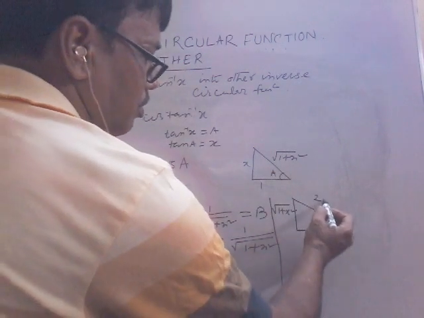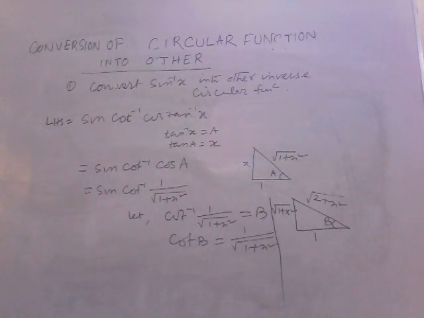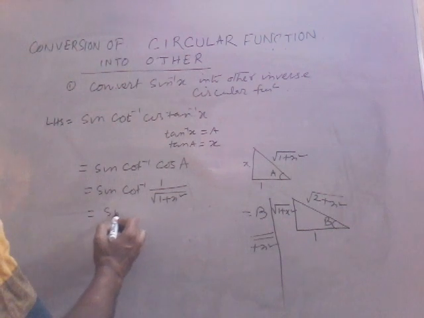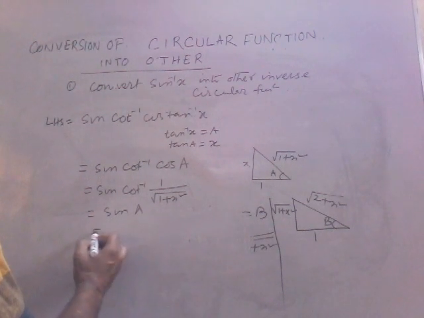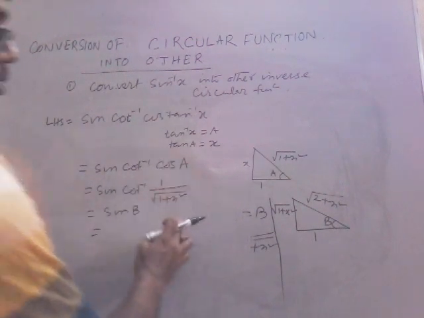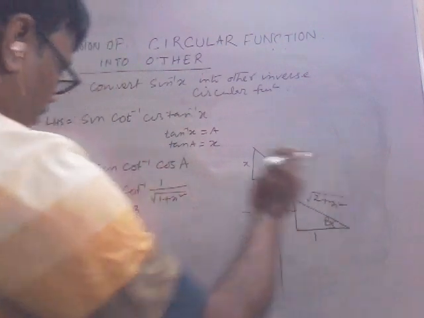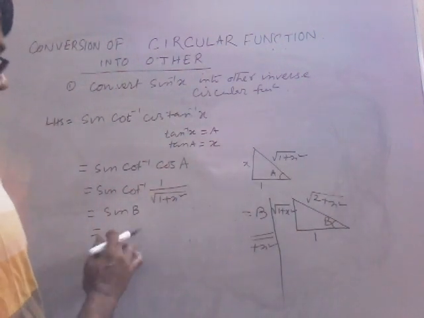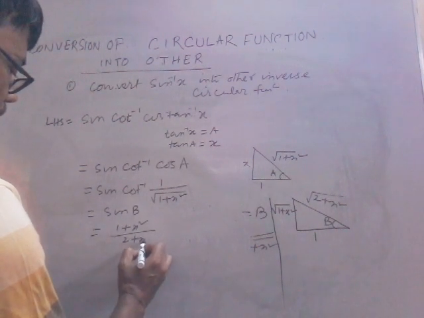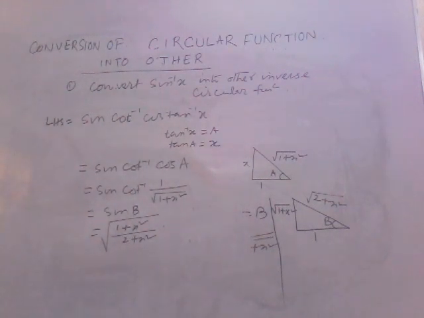So what is the hypotenuse? √(2 + x²). Now sin B is perpendicular by base, so √((1 + x²)/(2 + x²)).